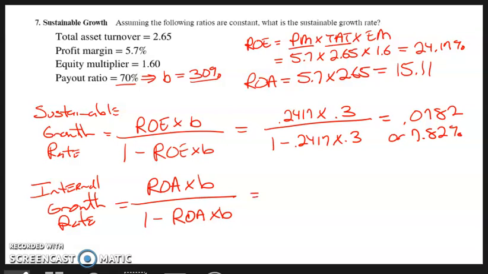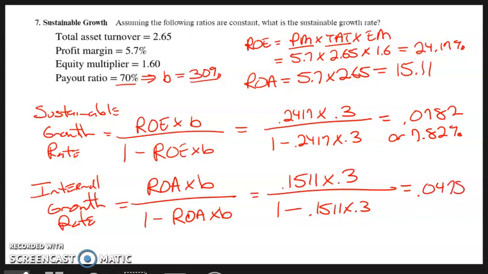So then when we use that, convert it to a decimal, 0.1511 times 0.3 divided by 1 minus 0.1511 times 0.3, and we get 0.0475. You might work through these numbers and get slightly different numbers. That's most likely due to calculator rounding, so that's 4.75%.